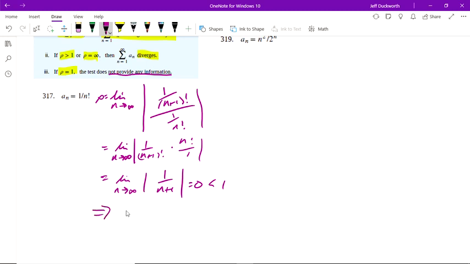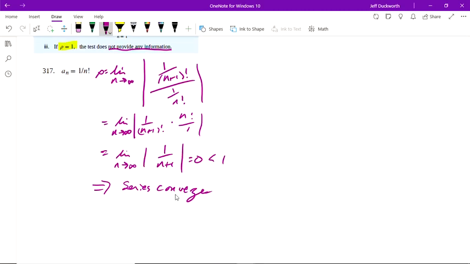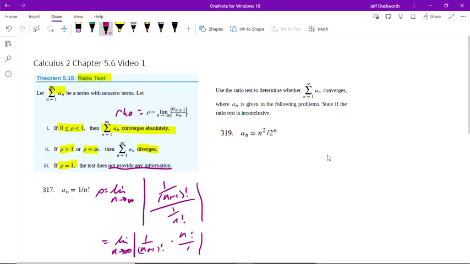Therefore, the series converges. And even specifically, it converges absolutely. We can even write that. I don't think the question asks us for that, but we're giving it to them.